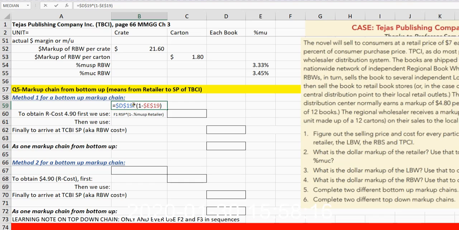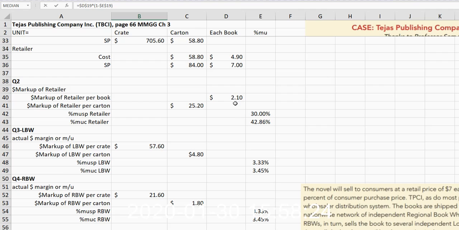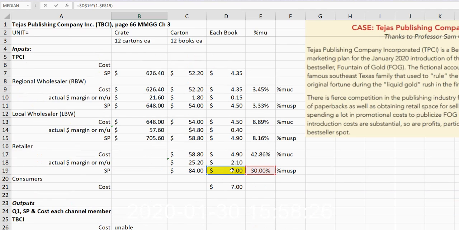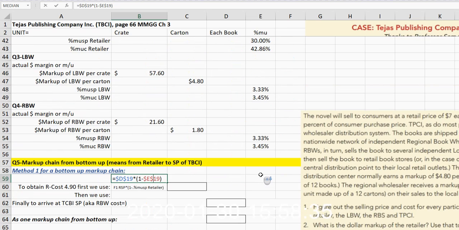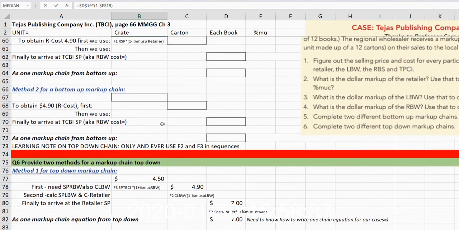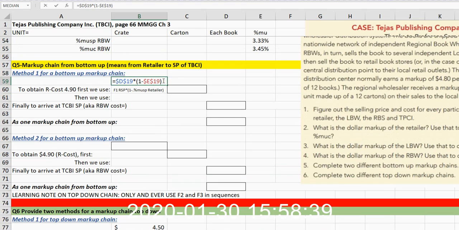So D19, I betcha, is going to be that sales price that we had, which is, that's right, $7. And then, of course, E19 is where we had our 30% markup on sales price, so that we can determine that the retailer's cost was $4.90.